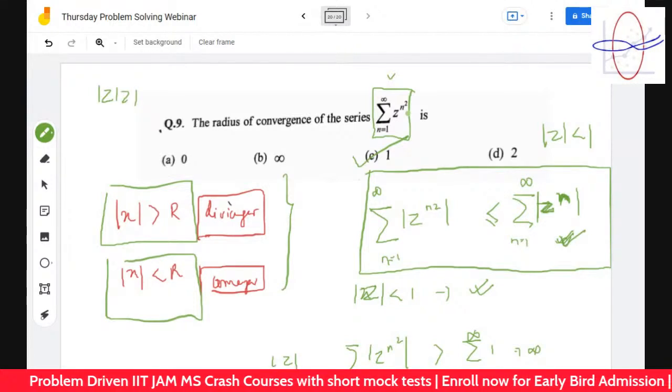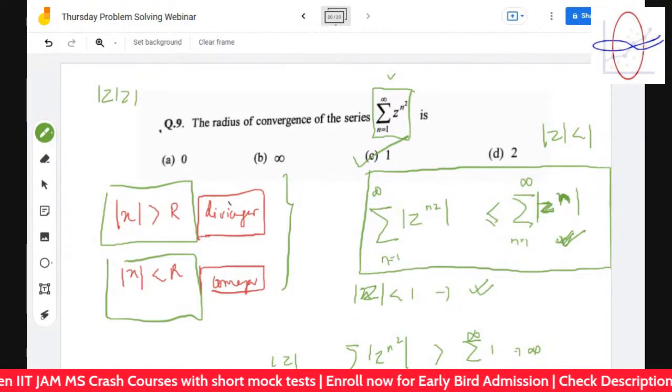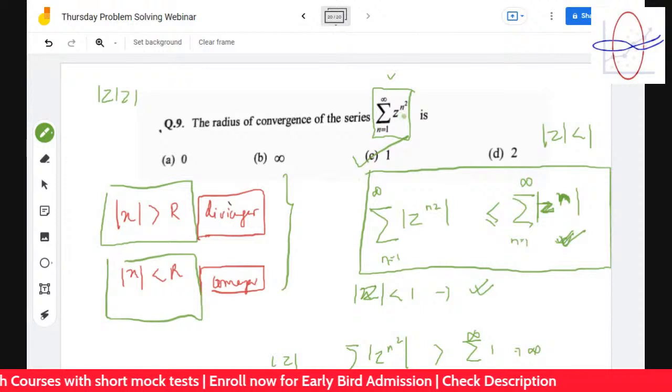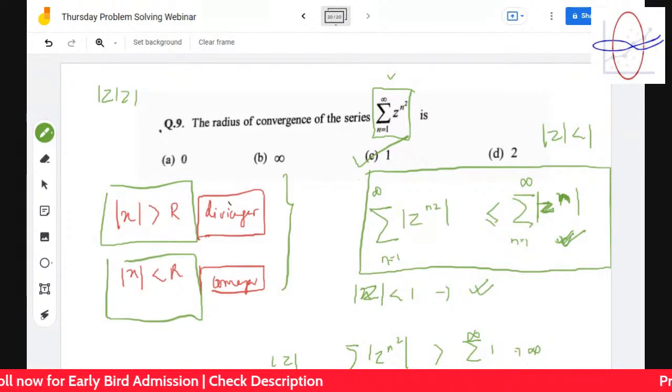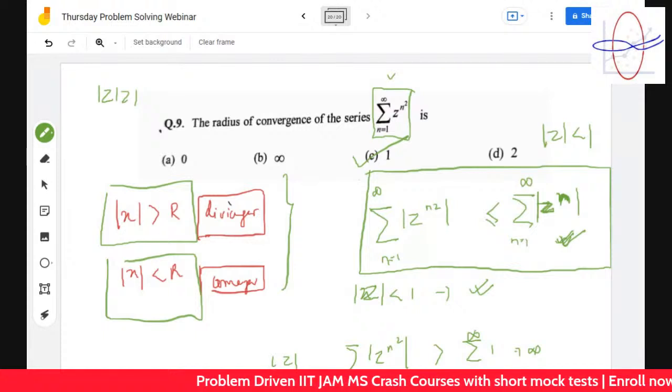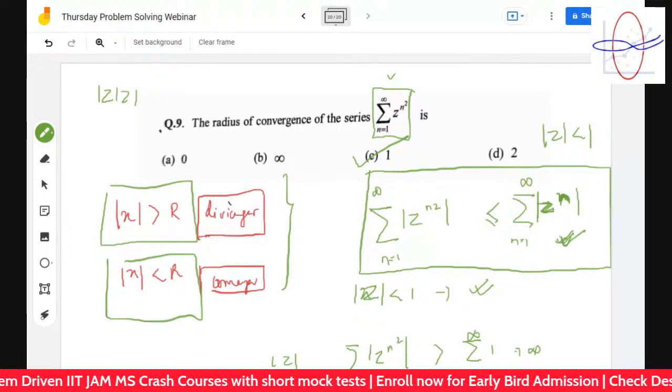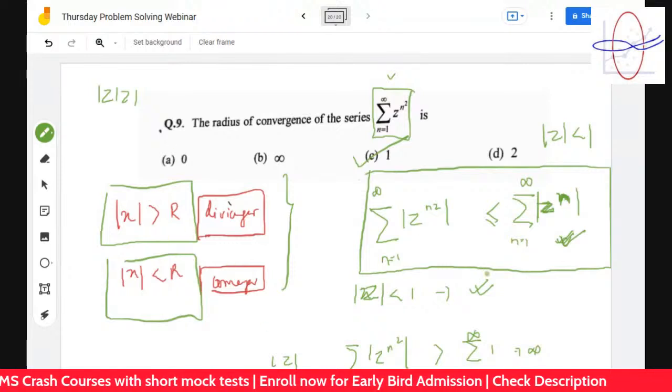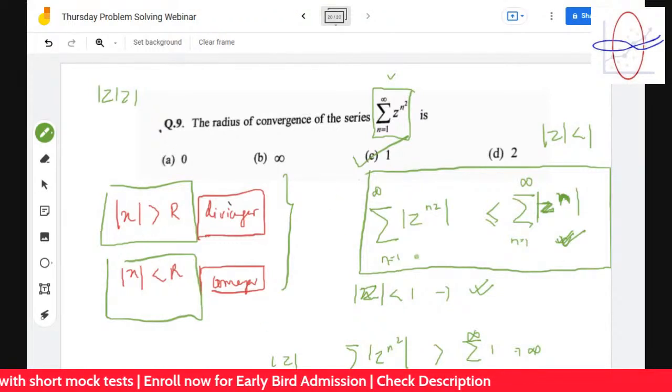So it's not convergent. So it diverges. And hence 1 is the radius of convergence.